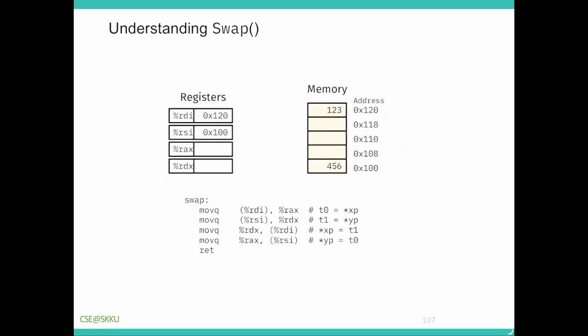The values that are initially stored in these registers, XP and YP, are the addresses of the memory locations. XP points to address 120 and YP points to memory location 100.